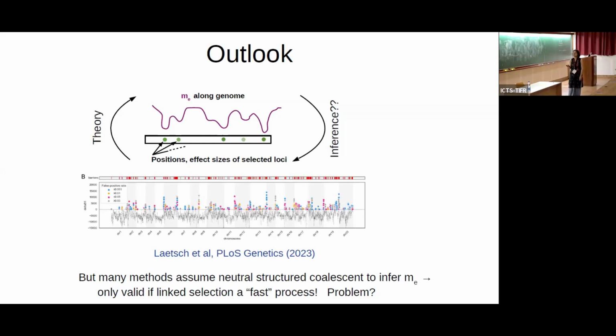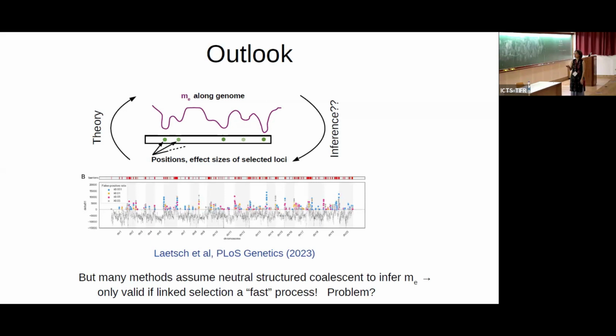Increasingly, there are a lot of methods in genomic inference that give output something like this, which is basically effective migration rate, scaled by something, along the genome, and then would say, this peak corresponds to a barrier locus, but that's the level at which we are.